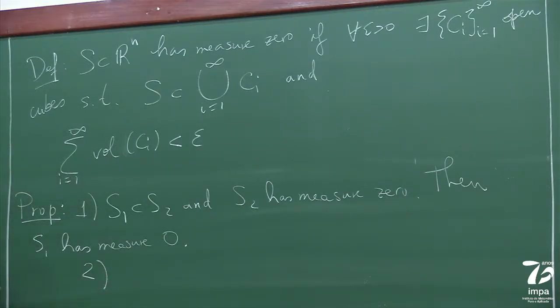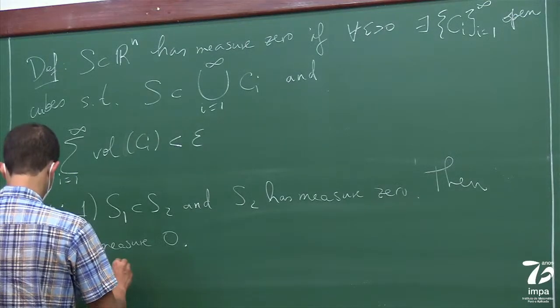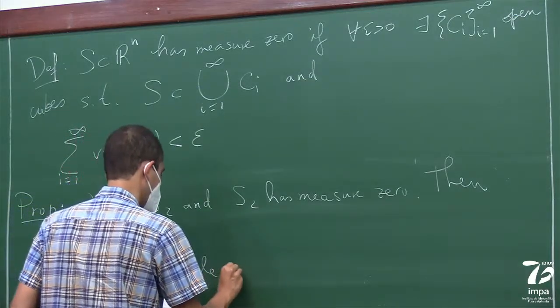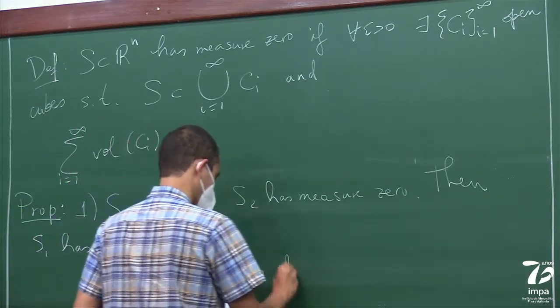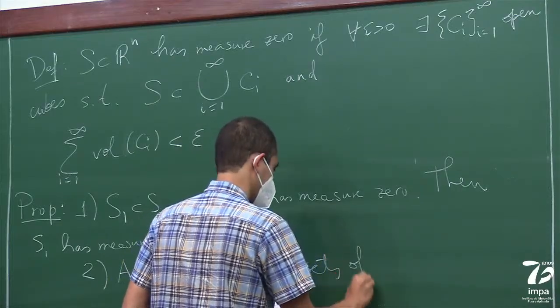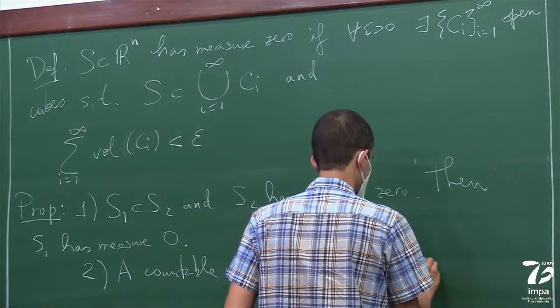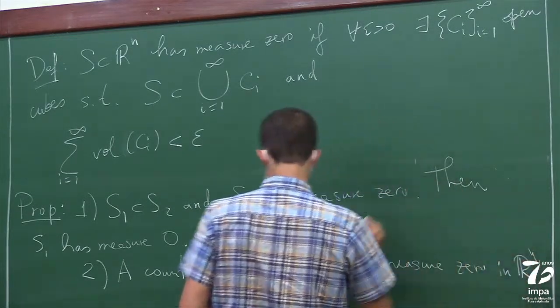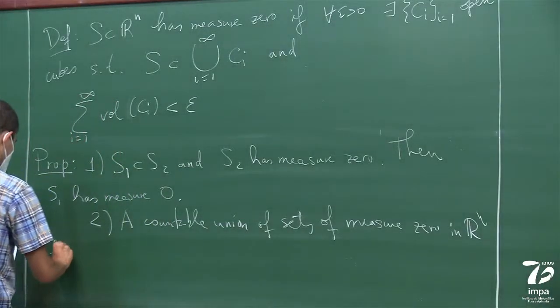Number 2, a countable union of sets of measure 0 in Rn has measure 0.